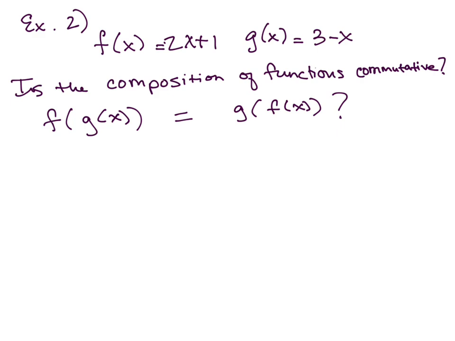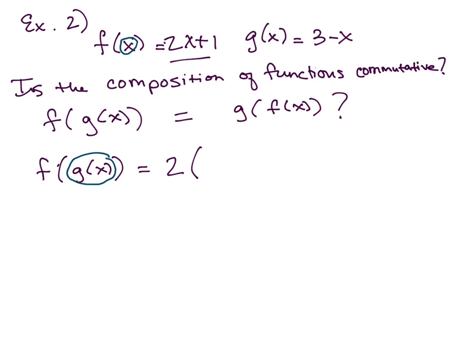Okay, so how do I do this? I take my function f of x. F of x says 2x plus 1. Y'all see that? And everywhere where I run into x, I'm going to open parentheses. So I'm going to say 2, open parentheses, but instead of evaluating this function in terms of x, I'm going to evaluate this function in terms of g.